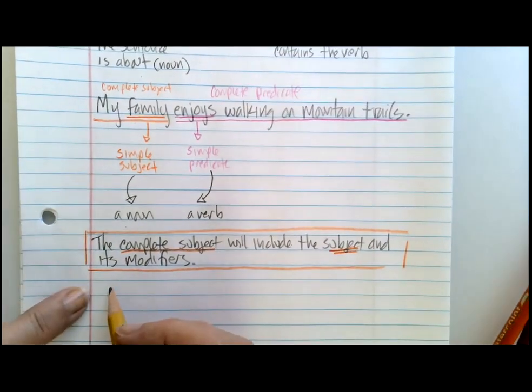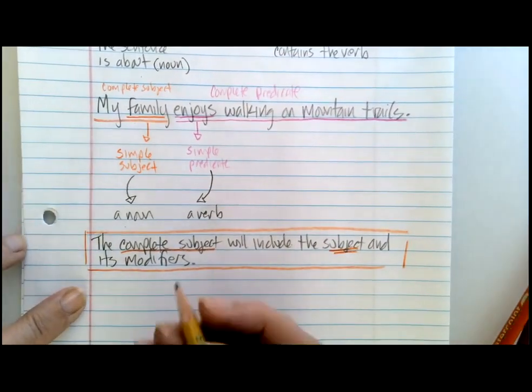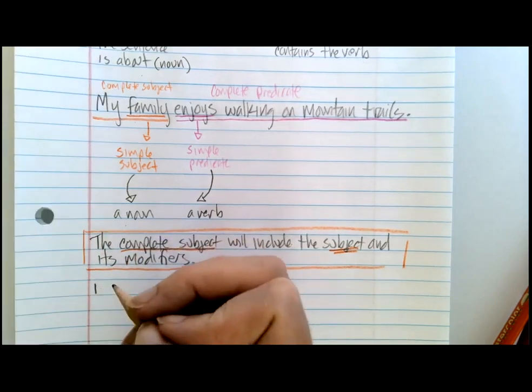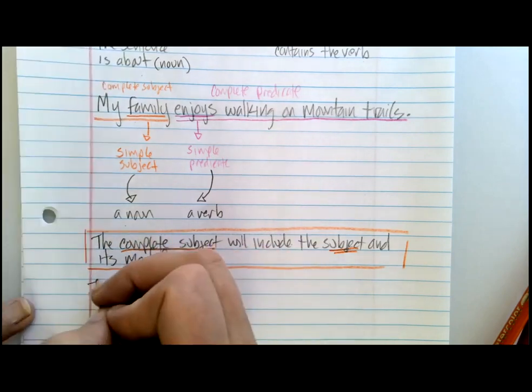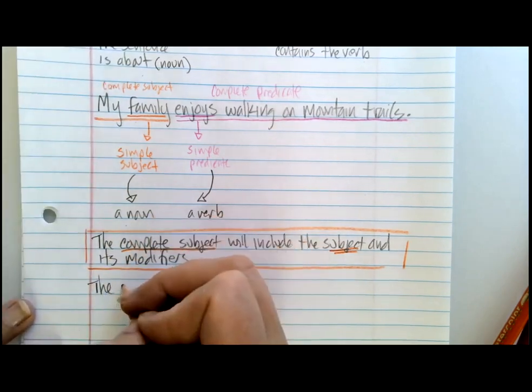Then we're going to go down a line and we're going to define briefly the complete predicate. So we're going to write the complete predicate will include the predicate and its modifiers. So same sentence here, but we're talking about predicate.